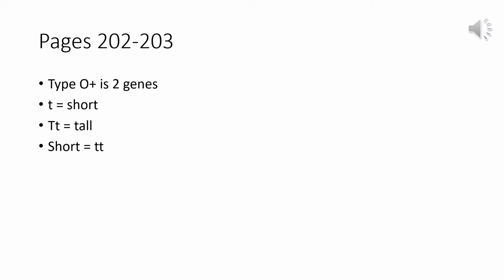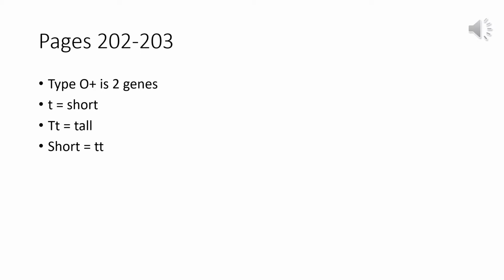We'd use a capital T for the tall dominant phenotype or genotype, and the little t for the short genotype. It's kind of confusing, but when you're doing a lot of different genes in one problem, it's easier if you can tell which pair goes together. Tall versus short, you can tell because they've both got T's in them.